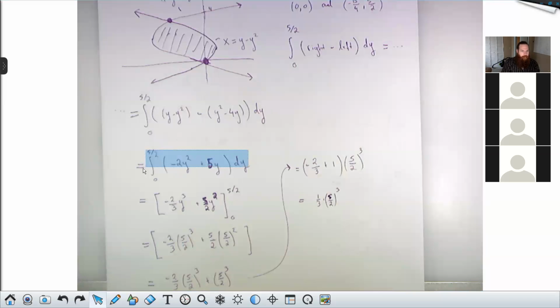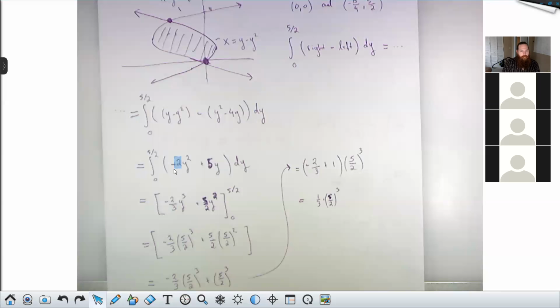The integration step here, where I pass from here to here, we're increasing the power of y by 1 and then dividing by that new power. So the y squared, when I integrate, will go to 1/3 y cubed, right? Y cubed because I increased the power by 1, and then I need to divide by that new power. So that gives me a copy of 3 downstairs.